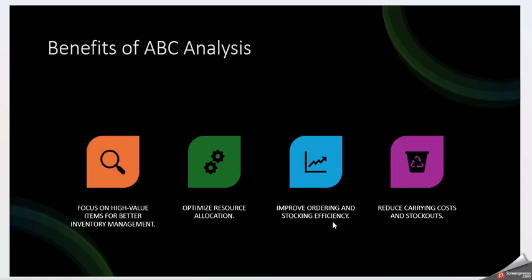Improve ordering and stocking efficiency. So as I mentioned, as an example of aerospace, you don't have to stack engines the way you stack all the child parts. So there is a classification of C class parts, B class parts, and A class parts. So A class parts always go with a very less inventory and very focused inventory. They are very critical and cost consuming.